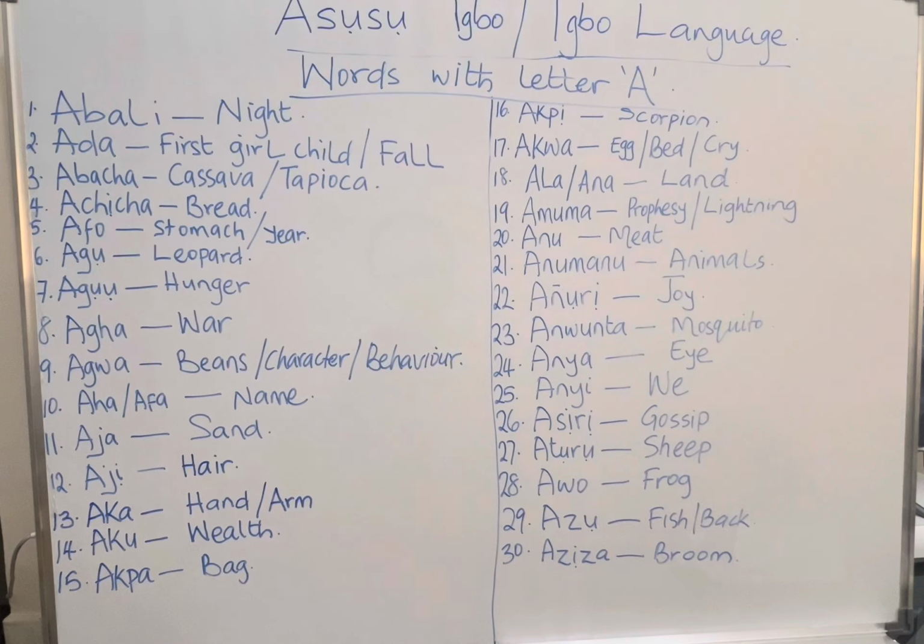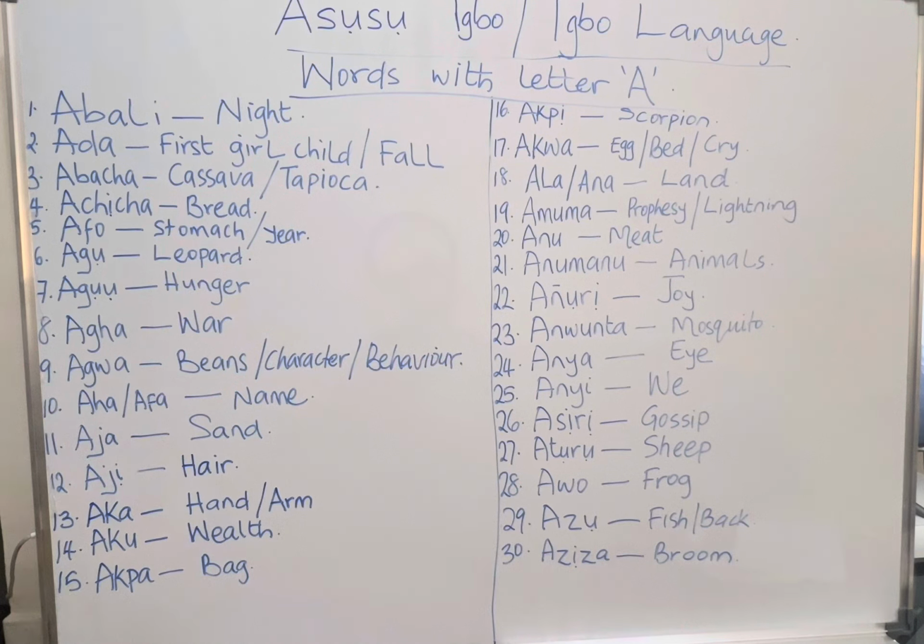Number 18, depending on the dialect, we have ala, and then we have ana. While some dialects may say ala, some may also say ana. Both have the same meaning, meaning land.